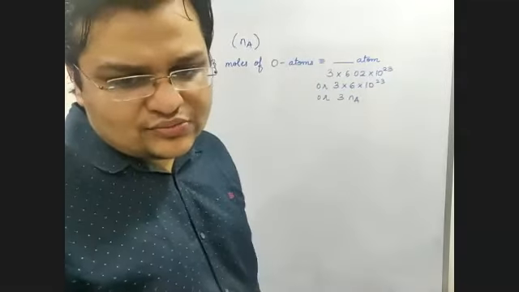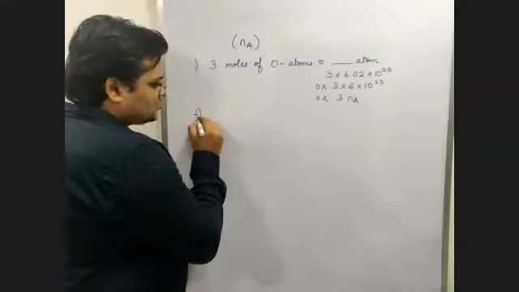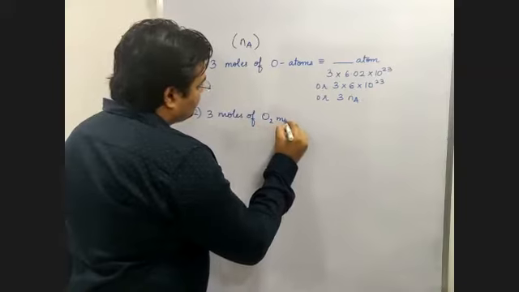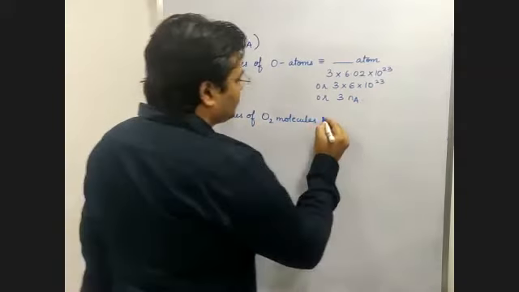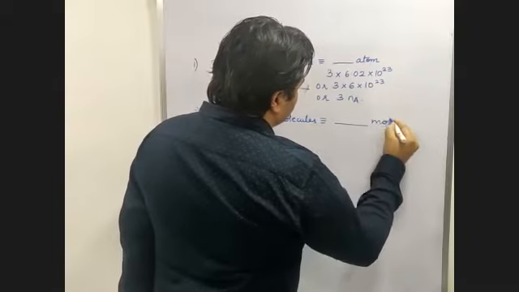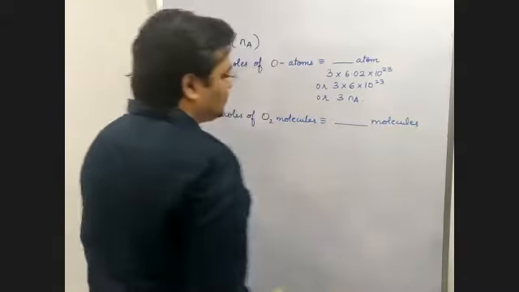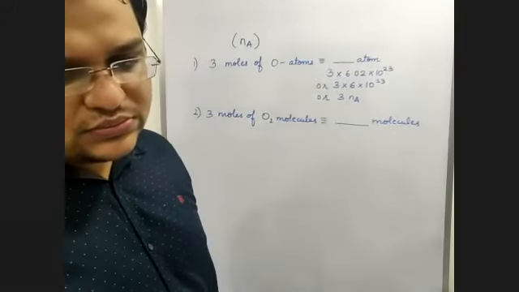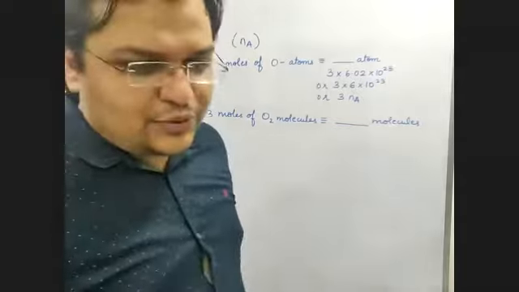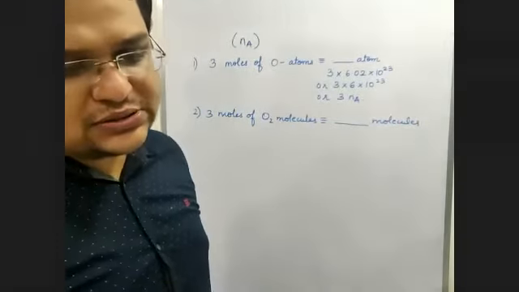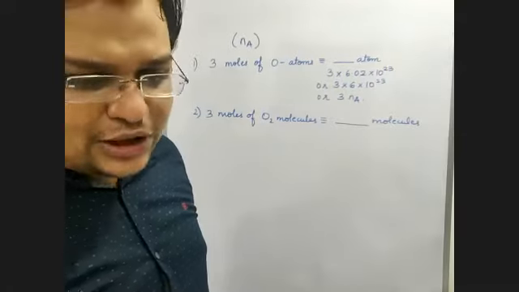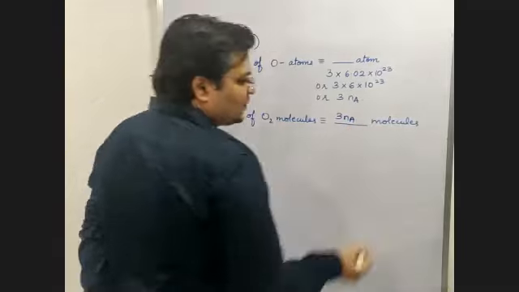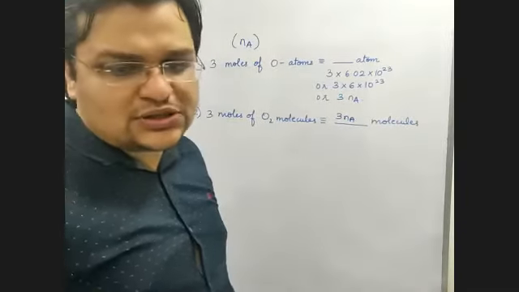Is this clear? 3 moles of oxygen molecules is dash molecules. Can I say it will be 3 into 6.02 into 10 to 23 molecules?